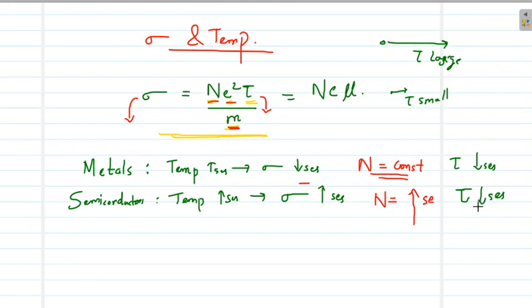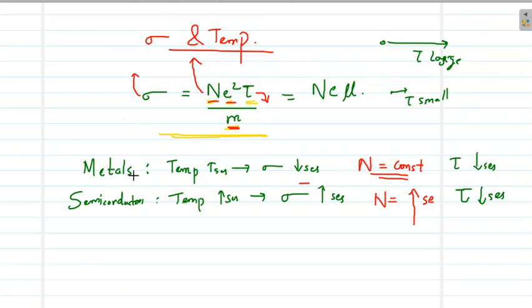So there is a decrease in tau, but the increase in n, the charge density, is very high for a semiconductor. So what will happen as temperature increases? As temperature increases, tau decreases a little, but n increases very largely, and effectively sigma will increase because here n is the determining factor.